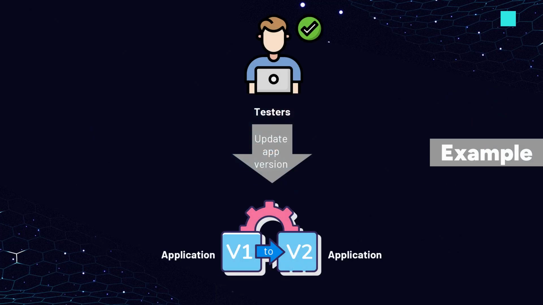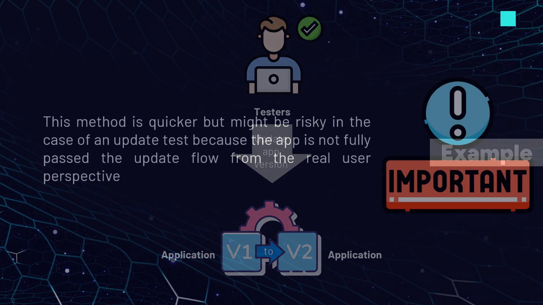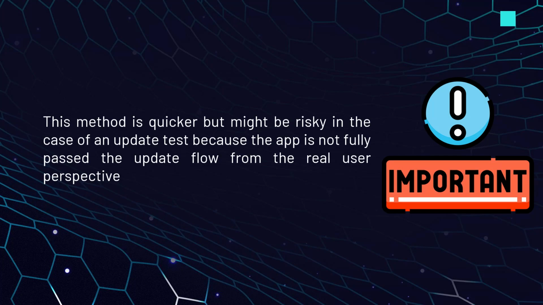The QA engineer follows the link and updates the application from version 1.0 to version 2.0 using the TestFlight beta version of the application. This method is quicker but might be risky in the case of an update test because the app does not fully pass the update flow from the real user perspective.